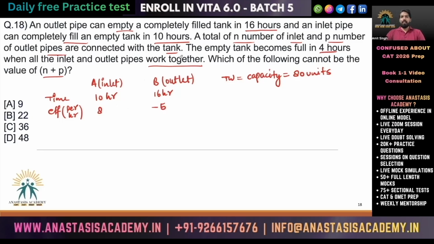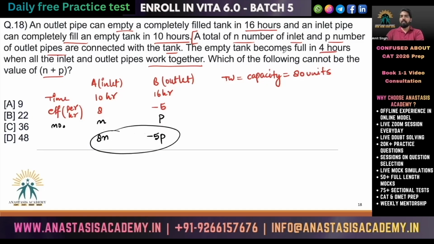Now, when they work together, we are given that the number of inlet pipes is n and the number of outlet pipes is p, correct? So the combined efficiency per hour for these n pipes would be 8n, and for these p pipes would be -5p. So this is the combined efficiency per hour.